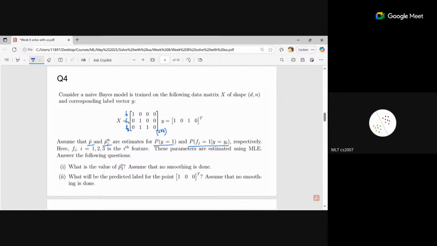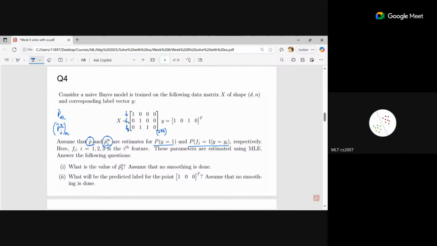Now, these parameters, that is P hat and P hat j of Y, all the parameters that we will find, we have estimated using MLE. And we have seen in the lecture what their estimates are, what P hat of ML is, and what P hat Yi j of ML is.